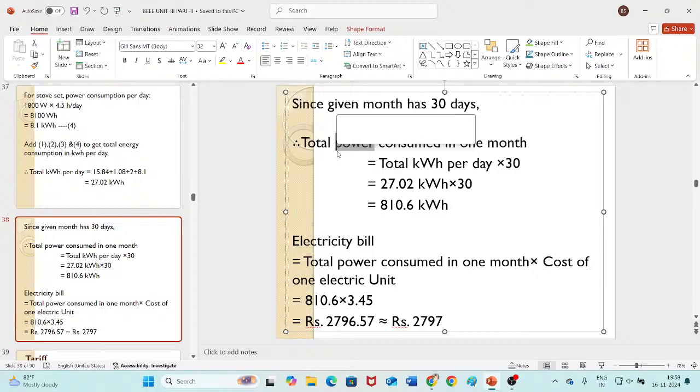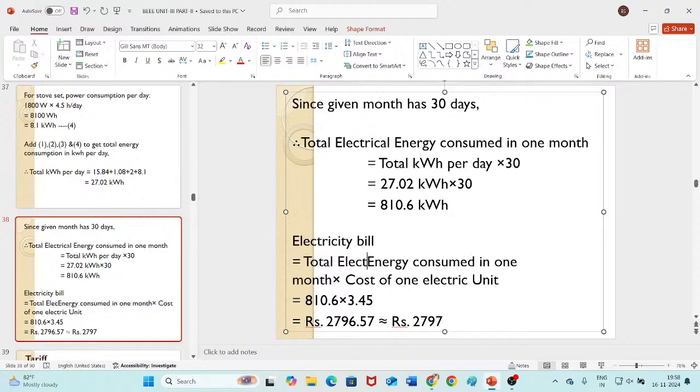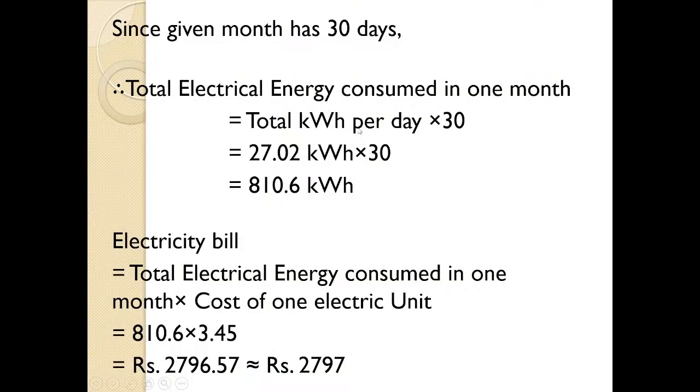Total energy consumed per month, or total electrical energy consumed per month, is around 810.6 kilowatt hour. This is the total electrical energy that has been consumed per month.